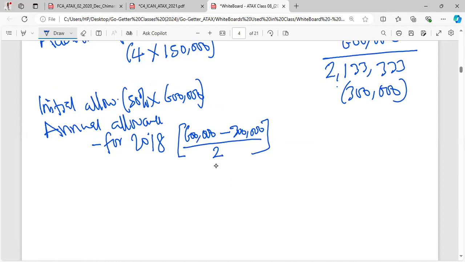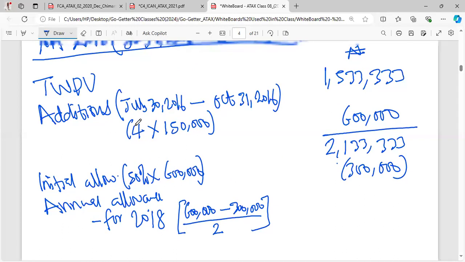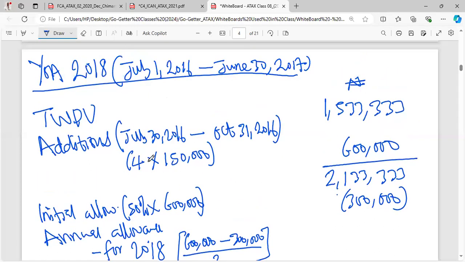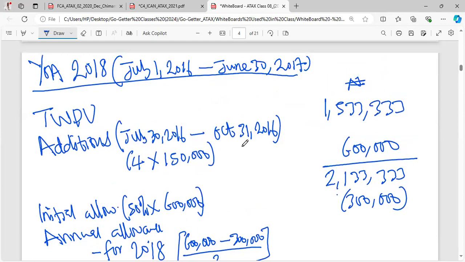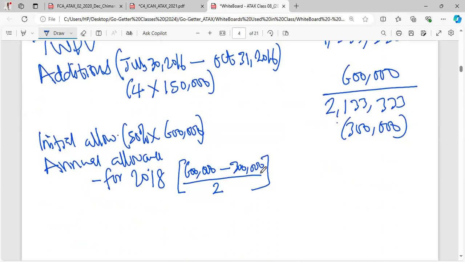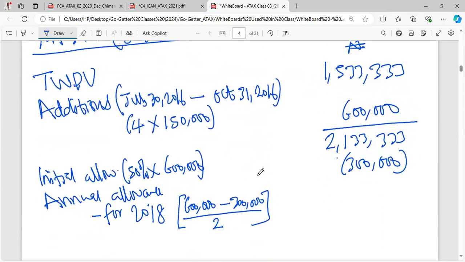Then, how many months did we use it for? The asset, higher purchases were done on it for 4 months, which gave us 600,000, but the asset was still in use as at the end of the month.